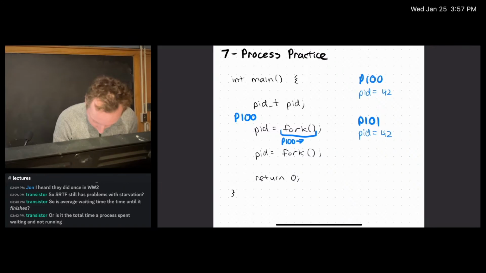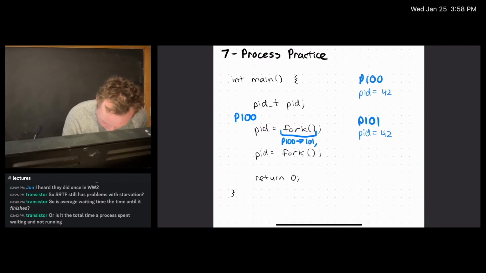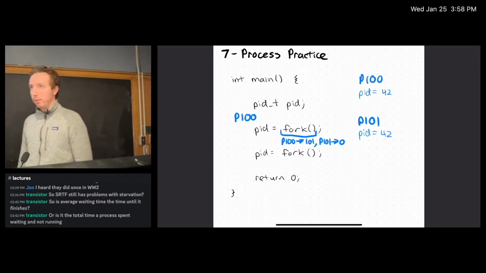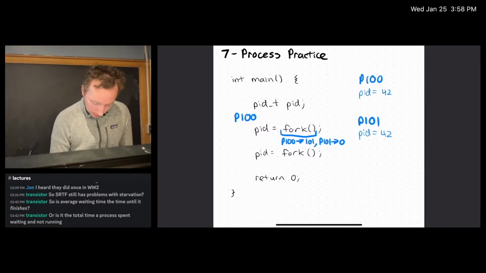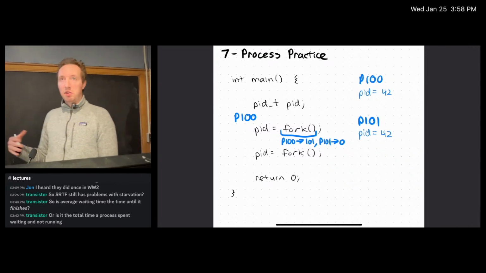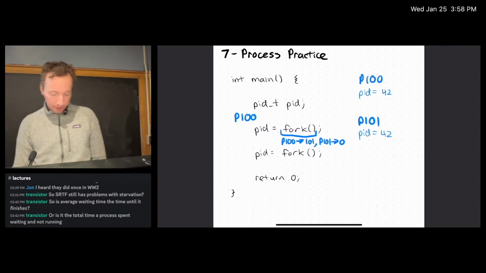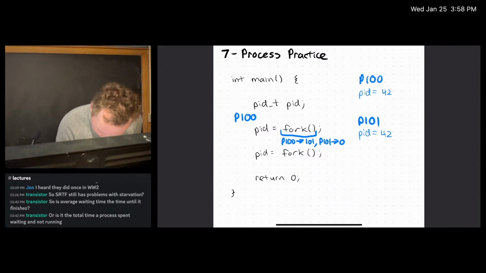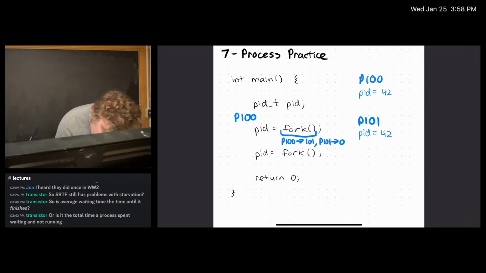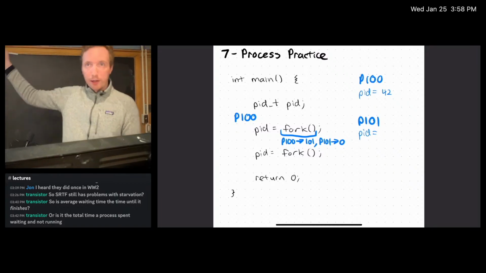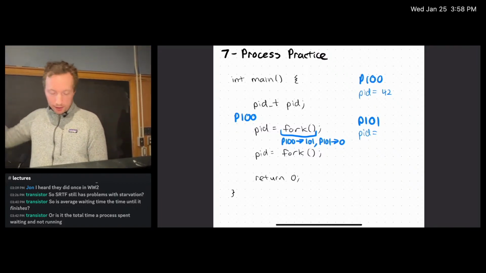So for process 100, fork returns 101 because that's the new one. And in process 101, fork returns 0 because it's the new child. Then at that point, you could choose either one of them to return first. If 101 returns first, it would update its value of PID to the return value of fork, because that's what PID equals fork does.